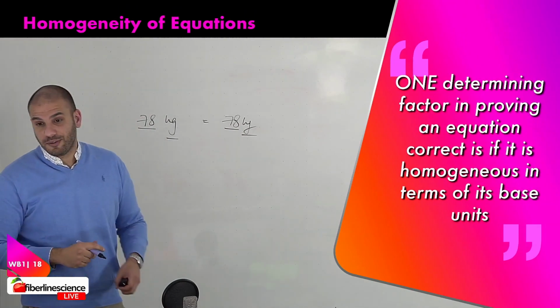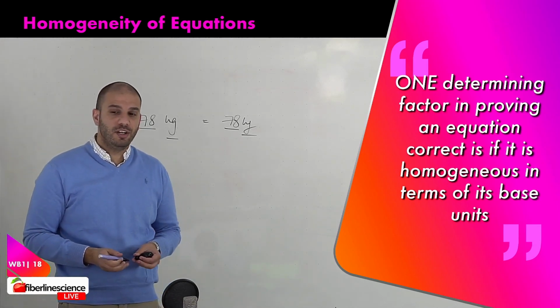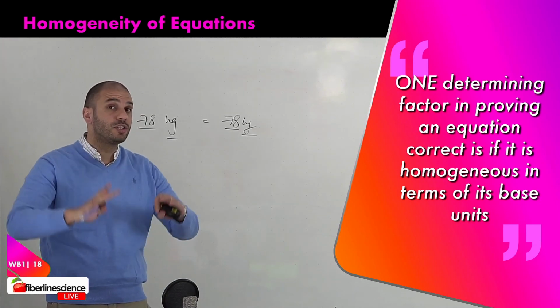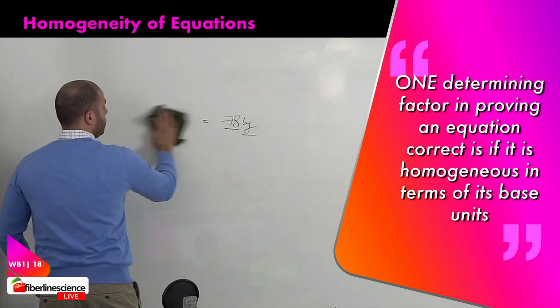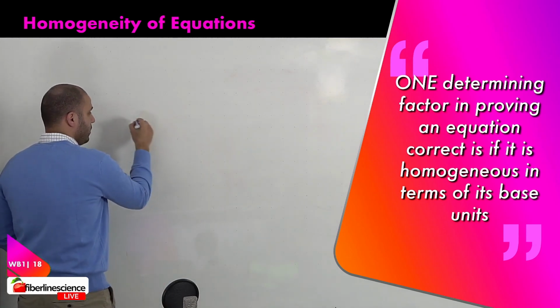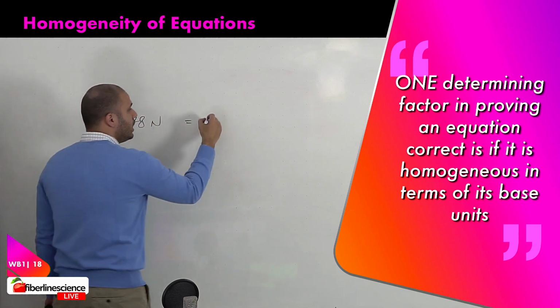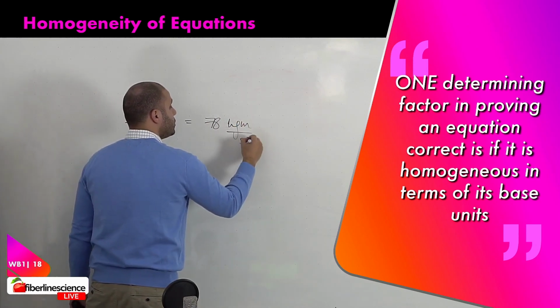So one determining factor in proving an equation correct is whether it is homogeneous in terms of its base units. I'm saying base units and not just units, because you might have an instance where the answer, left hand side and right hand side, would be 78 newtons is equal to 78 kilogram meter per second squared.